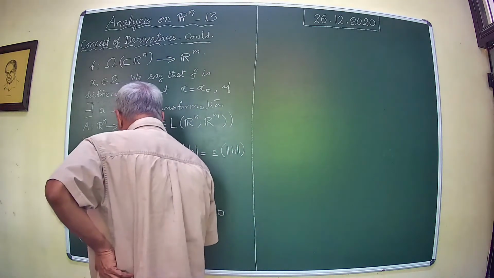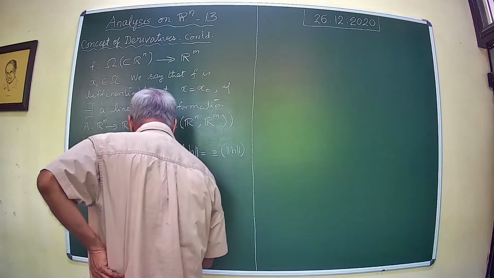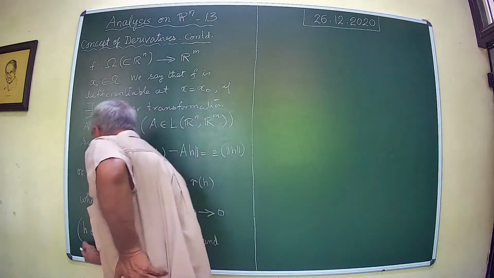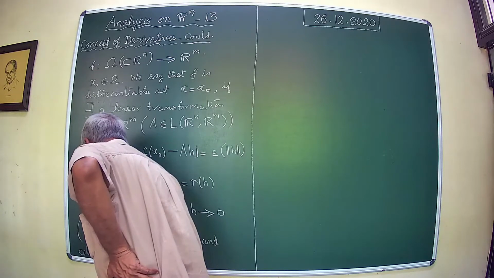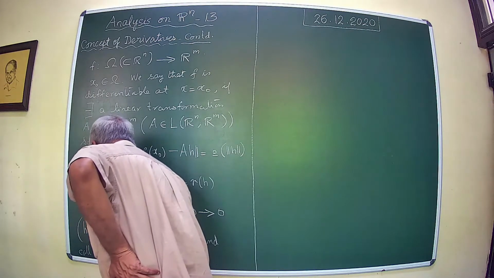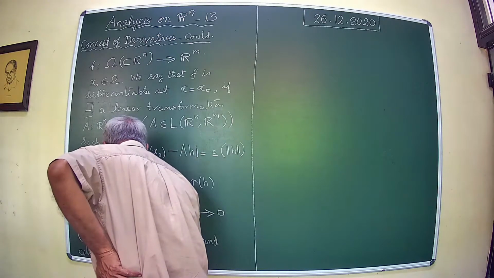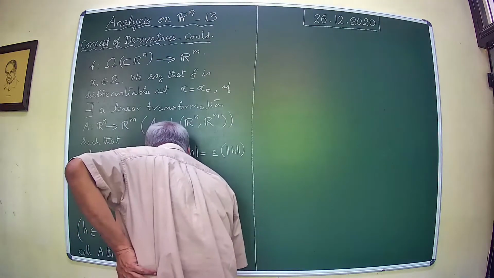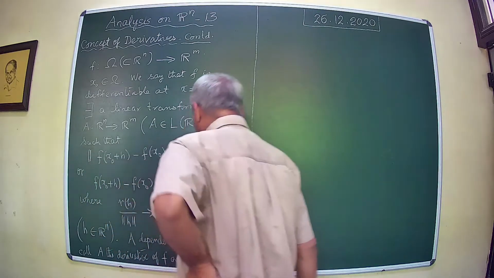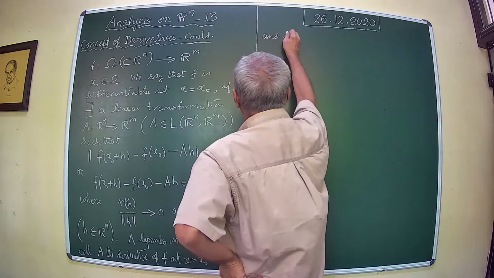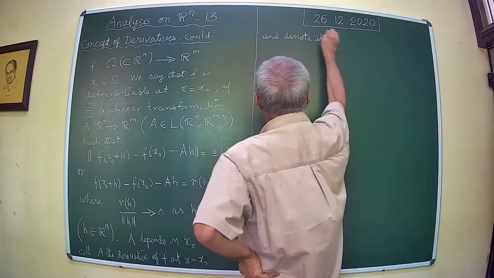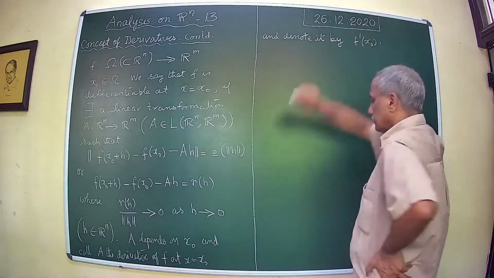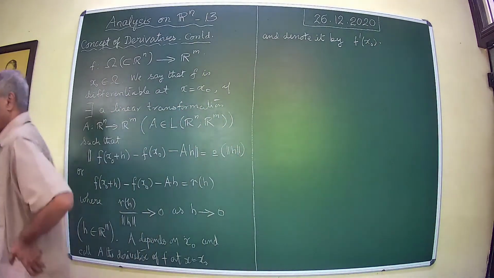So A is unique, and we call A the derivative of f at x0 and denote it by f'(x0). This is the concept of derivative.